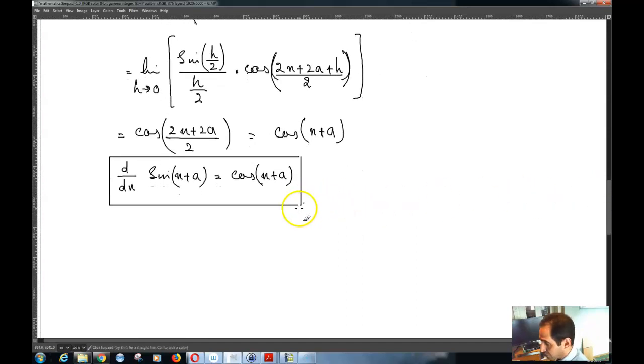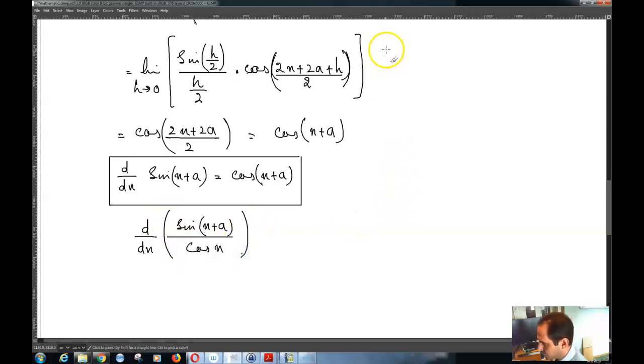So the function that we had was d by dx of sine of x plus a over cos of x. And we said that we would use the quotient rule: u divided by v, whole prime, is equal to u prime times v minus u times v prime, over v squared.